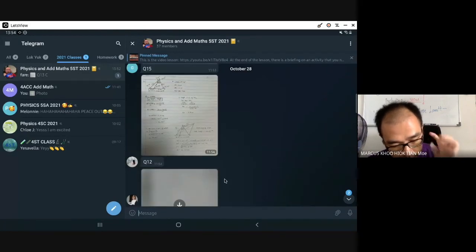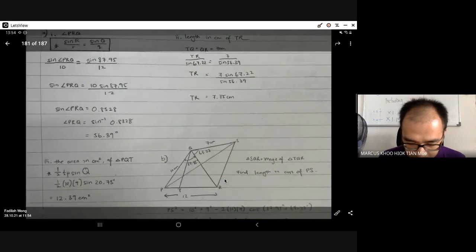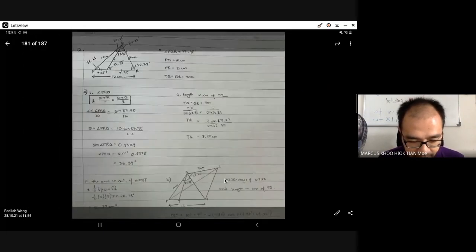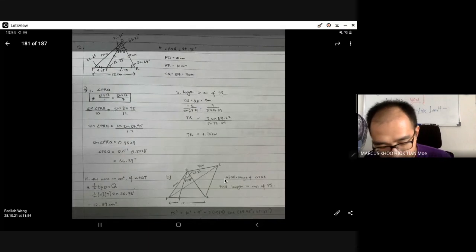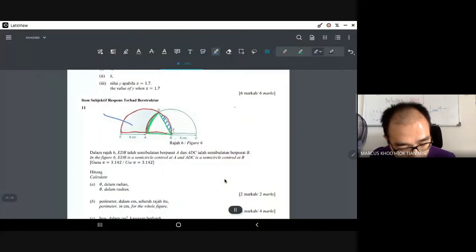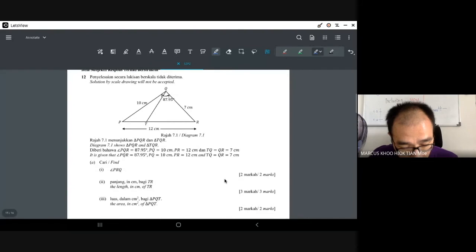12. This is Fadila's group. Yes, I definitely want to hear this. Sorry, hold on. Let me see the question first. The angle is here. PQ is 10. PR is 12.